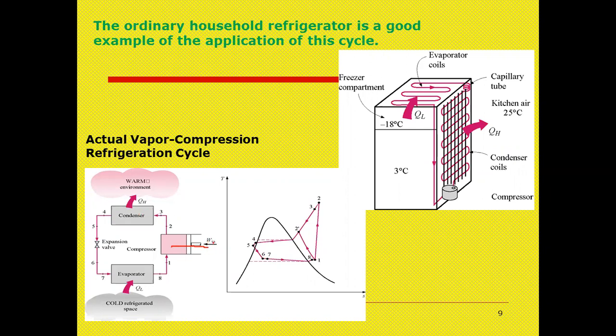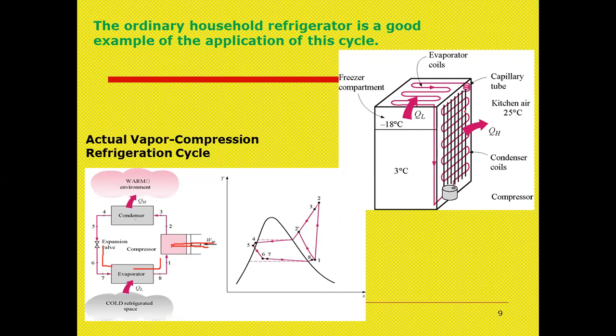Whenever it is compressed in the compressor, the cold air from the refrigerated space through the evaporator is passing into this place. From here the warm air is rejected outside from the condenser, it is passing to the expansion throttling valve. It is being stabilized at 4 to 5 and 5 to 6, and from 6 to 7 it is passing to the evaporator, and 8 to 1 it is passing again as the cycle starts, right?